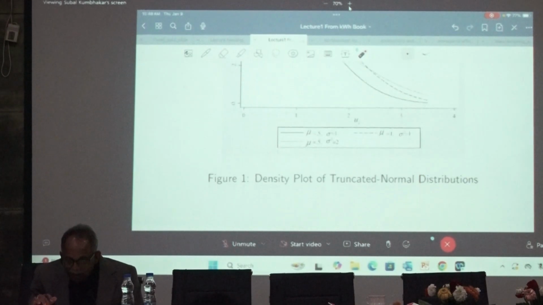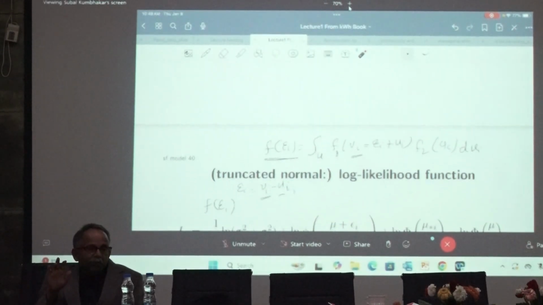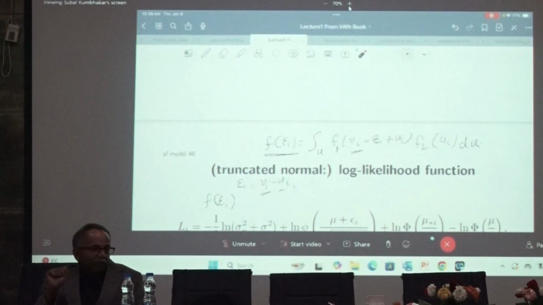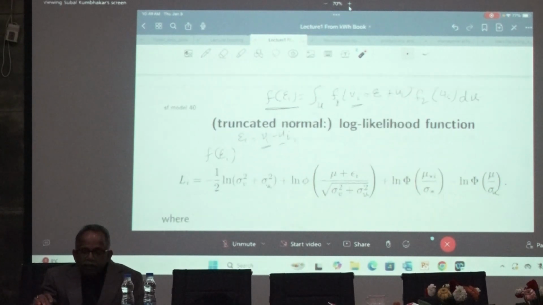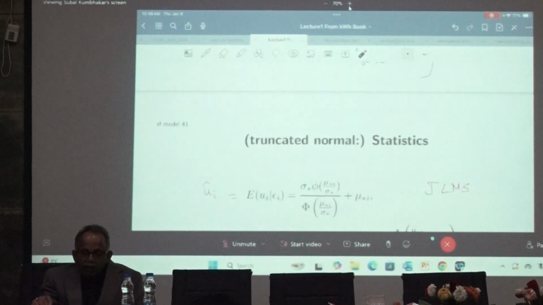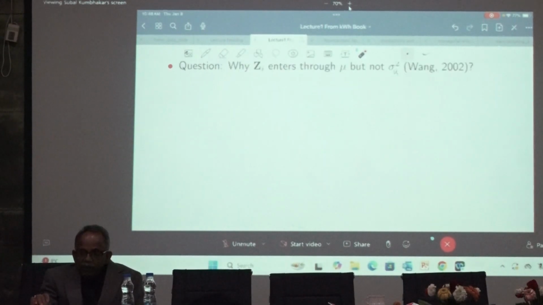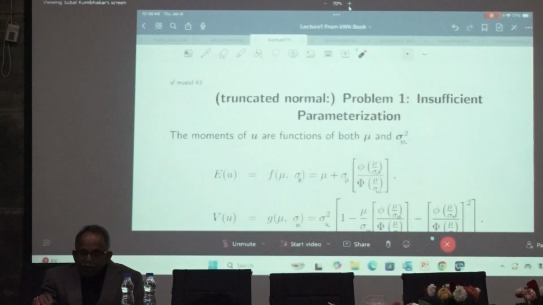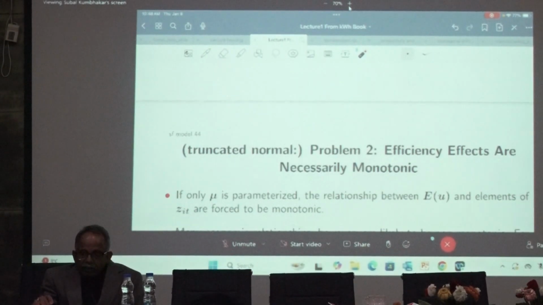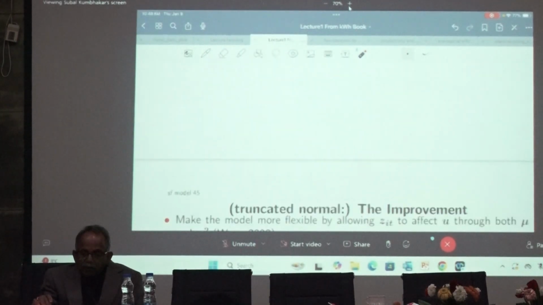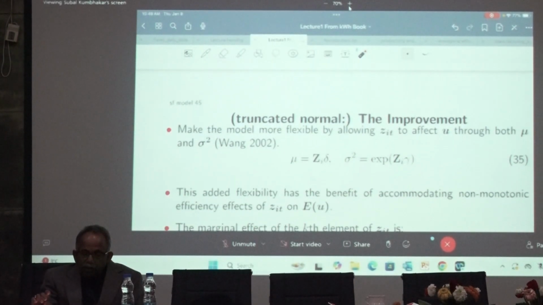What I have done so far is briefly talk about modeling inefficiency using the normal distribution for the error term, and then half normal or truncated normal for the inefficiency term. There are other distributions that people have used, such as the exponential distribution, and some others that are not that popular.